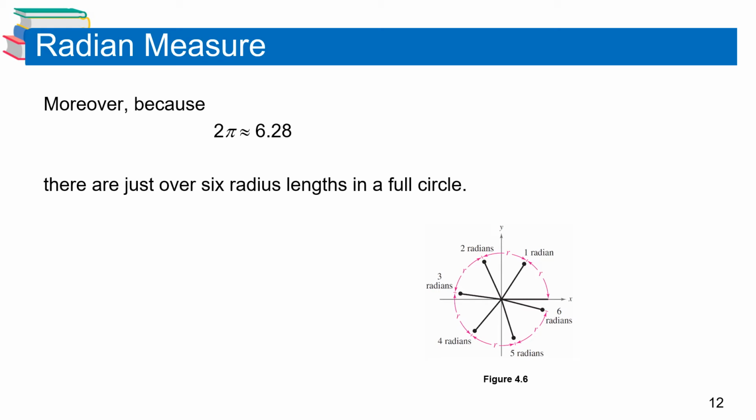And what is 2 pi? 2 pi is 360 degrees, and pi is 180 degrees. That's what we usually say, but when we talk about radians, 2 pi is approximately 6.28. So pi is approximately 3.14. What is this symbol?